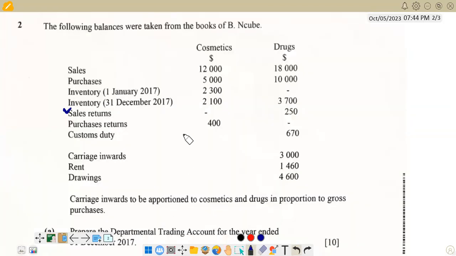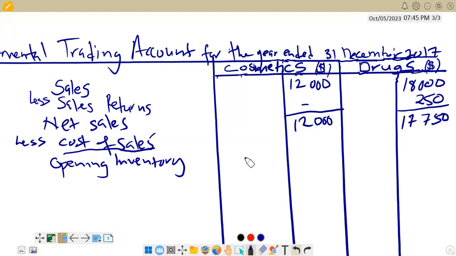Opening inventory is the inventory that we have on 1 January 2017, because that's where the year is starting, and it's ending on 31 December 2017. On 1 January 2017, we have opening inventory for cosmetics only. For drugs, there's nothing. We're only going to put 2,300 under cosmetics. So opening inventory, in this column we've got 2,300. For drugs, we don't have anything, so we can put a dash there.